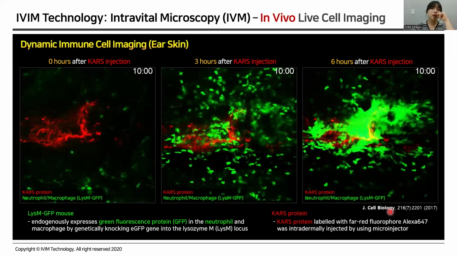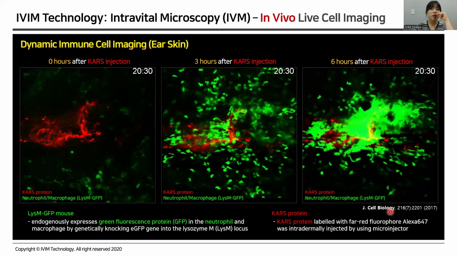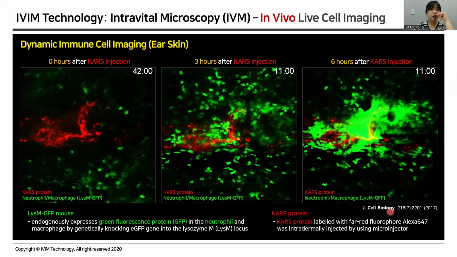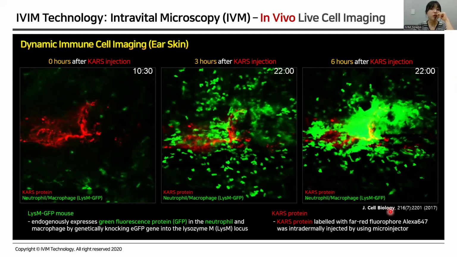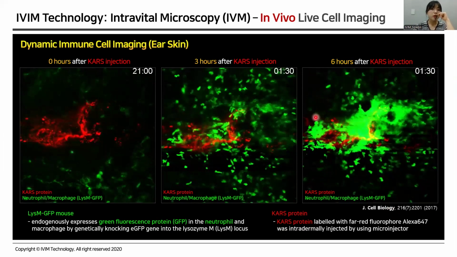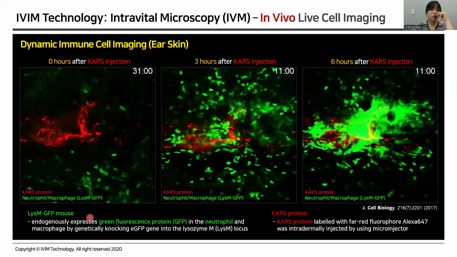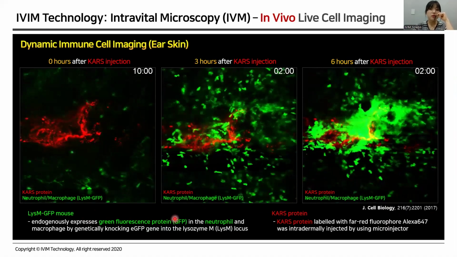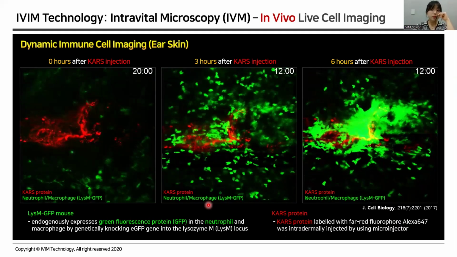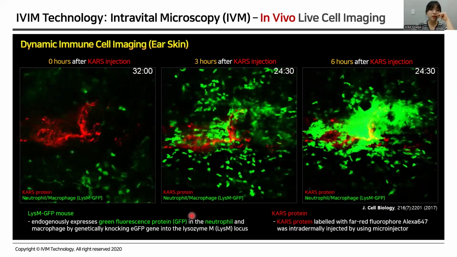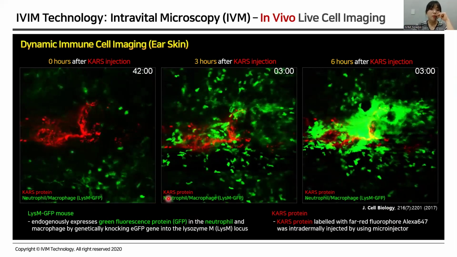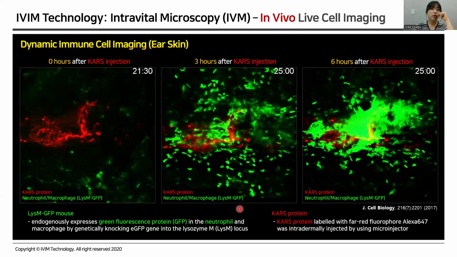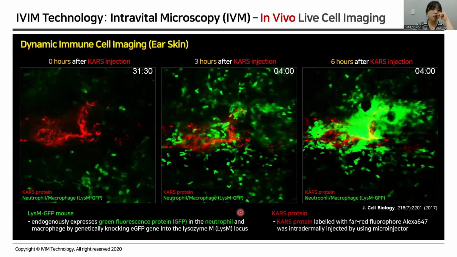After confirming the dynamic movement of immune cells through ear skin imaging, we injected a fluorescently labeled specific protein drug of interest, which is the CARS protein, into the ear skin of the same lyse-M GFP mouse. CARS is a lysyl tRNA synthase, originally known as the housekeeping enzyme for protein synthesis, but more recently reported to act as an extracellular signaling molecule that modulates immune and inflammatory responses.